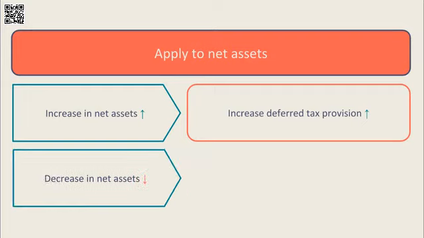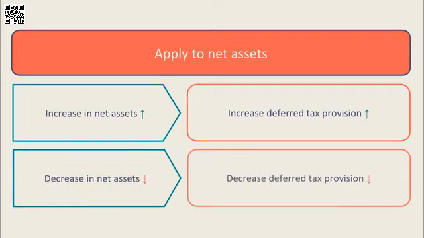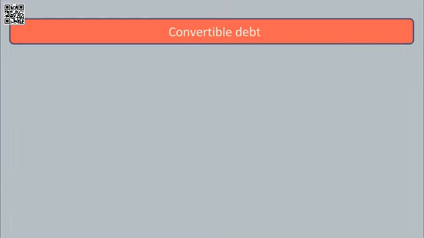If the net assets of the business decrease, we decrease the deferred tax provision, since the business is capable of generating less cash, and therefore we have to pay less tax. Balance sheet up, deferred tax up. Balance sheet down, deferred tax down. This concept helps us to deal with tricky concepts, such as the deferred tax impact of convertible debt.